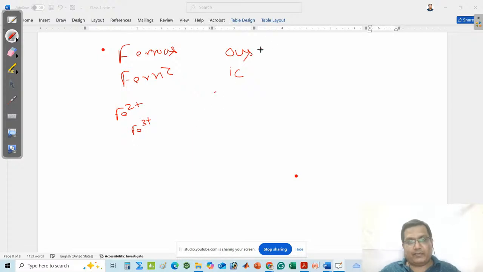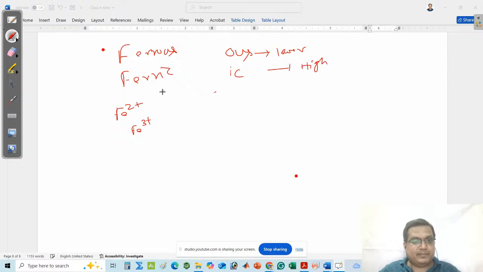Remember an important point, ous always for lower oxidation state. I will explain about the oxidation state in a future class. For now, you can simply remember oxidation number. Here, ous is given to the lower oxidation number species, ic is given to the higher oxidation species.